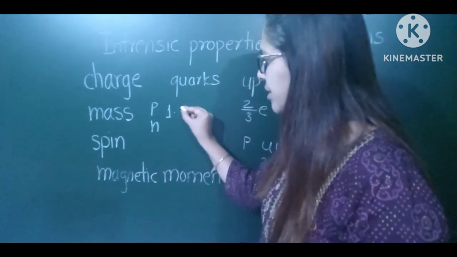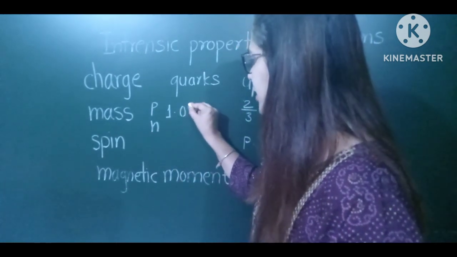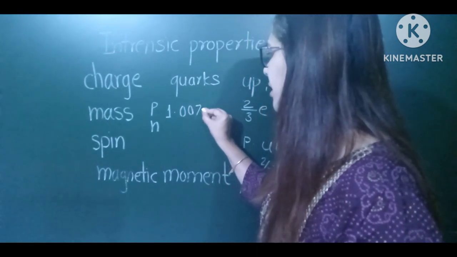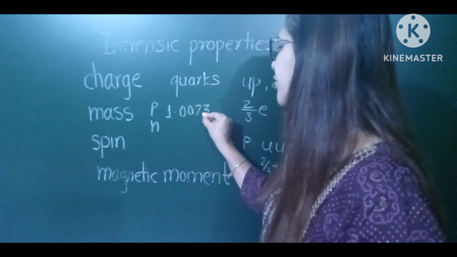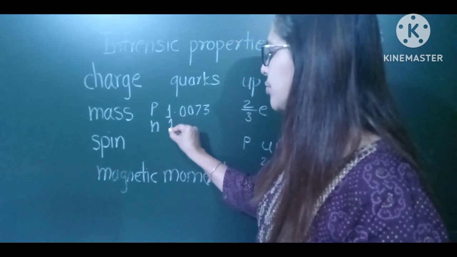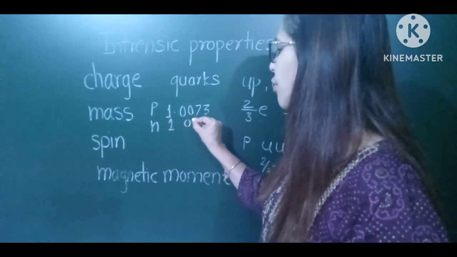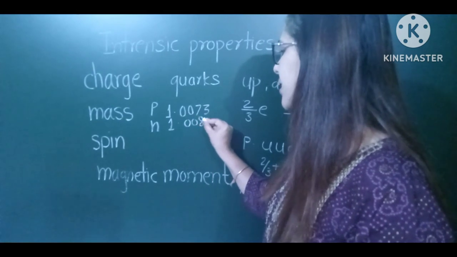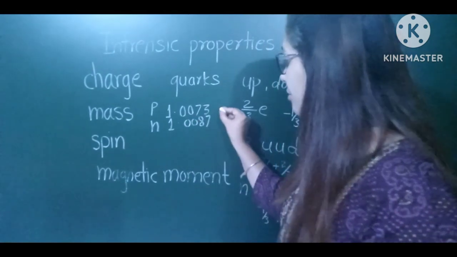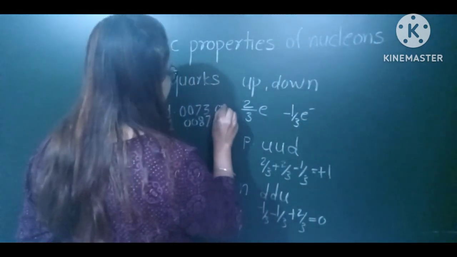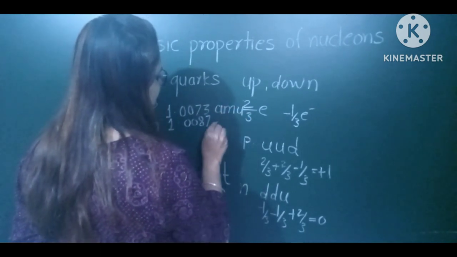But more precisely, the mass of the proton is nearly 1.0073 AMU, and the mass of the neutron is nearly 1.0087 AMU. Generally we take it as 1 AMU. So let me write the unit here, AMU.